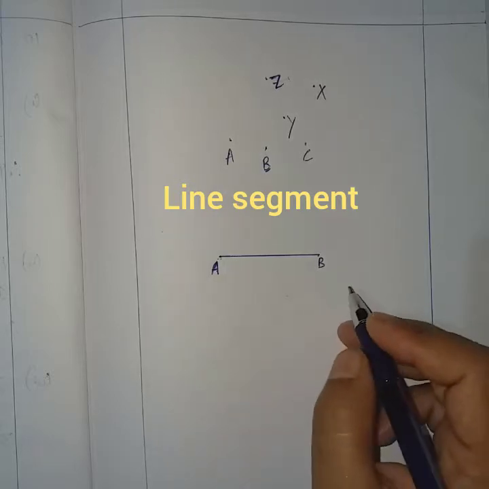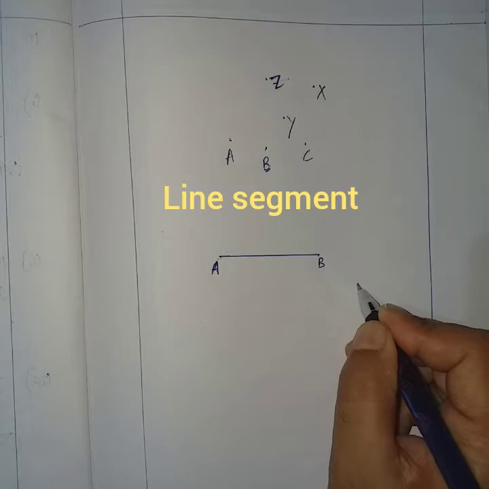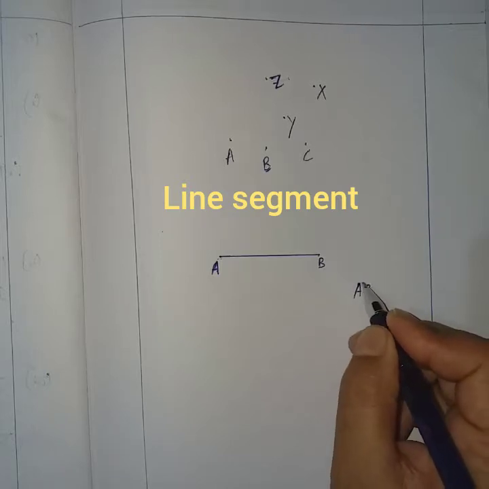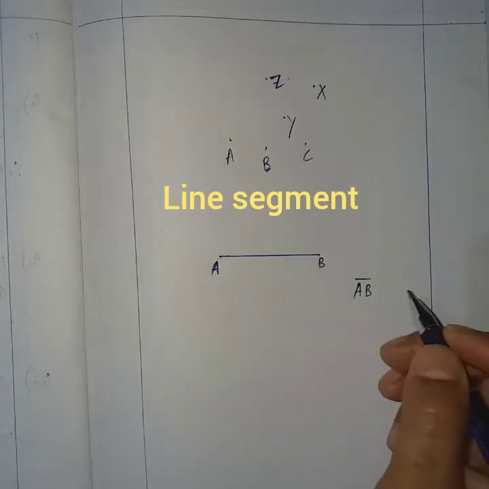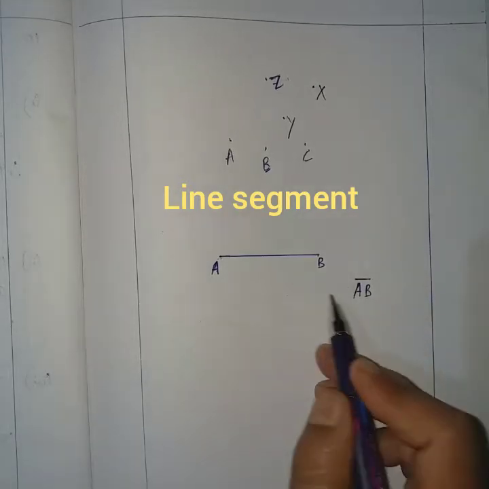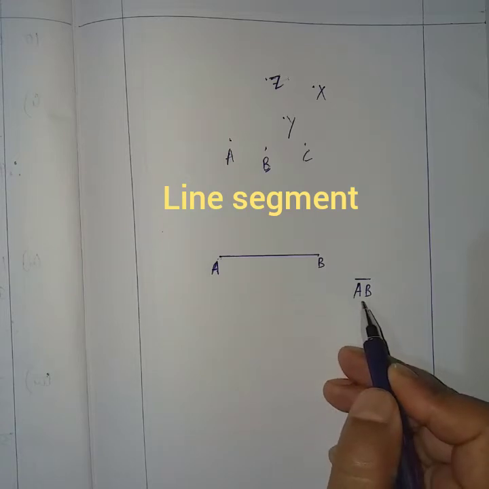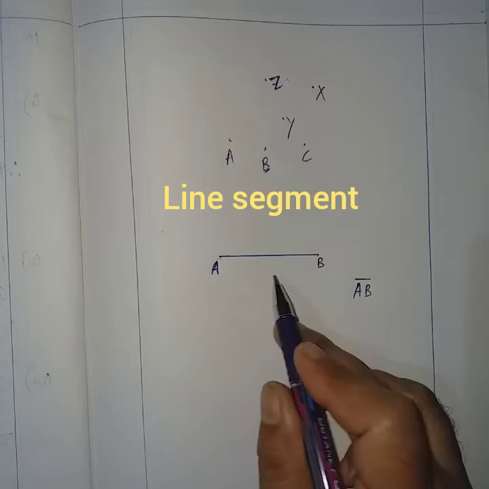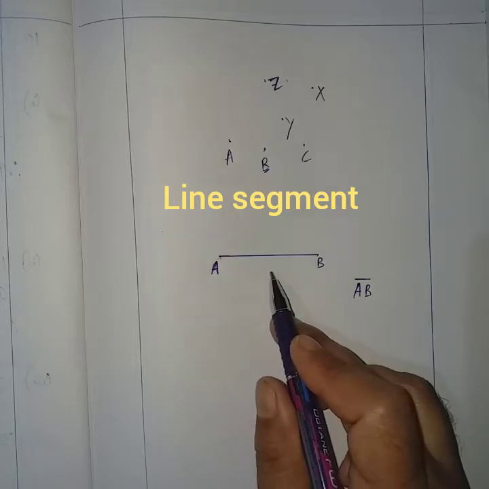We can represent a line segment by writing A, B, the endpoints, with a bar above these letters. So this line is represented this way in geometry. AB bar is a line segment. A line segment has a fixed length.